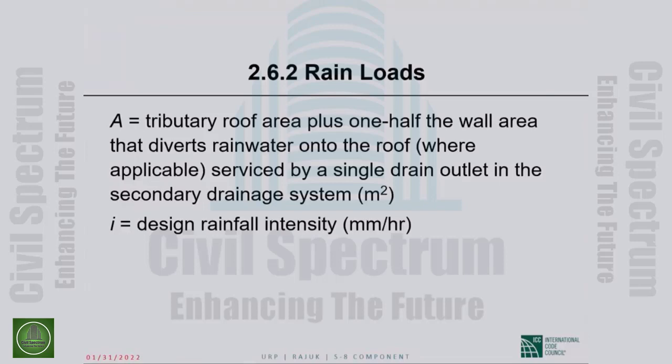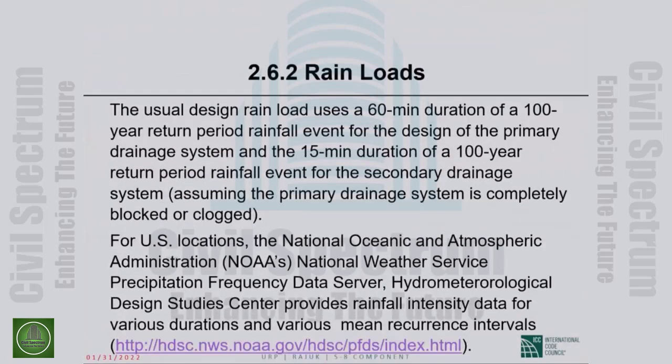And the design rainfall intensity depends on the duration of the rain and the return period of the rain, like 50-year return period, 15-minute duration rain. Then you can find the design rain load intensity.